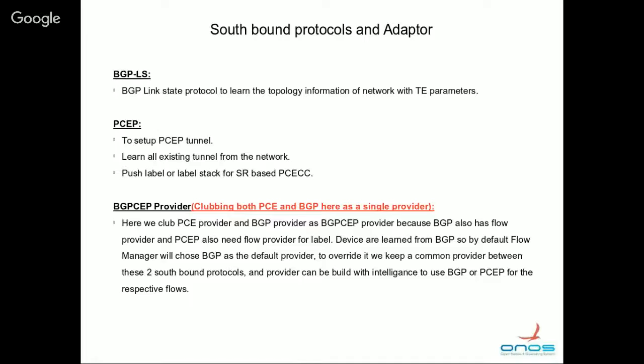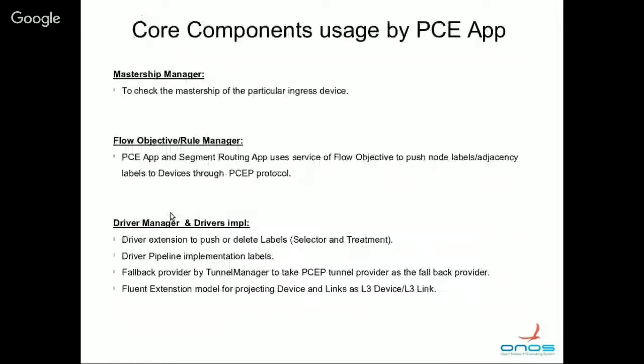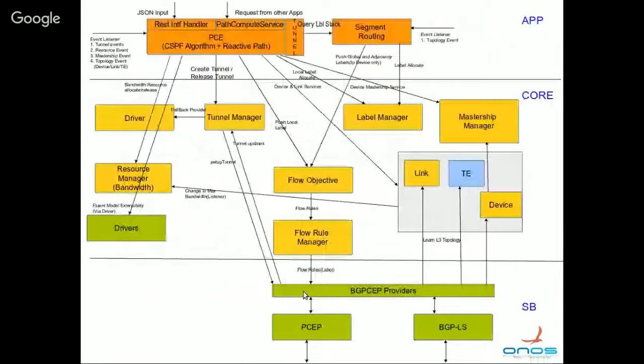Okay, and one of the things I want to discuss here is clubbing these two as a single provider. Currently, there are two separate providers. I want to club them as a single provider. The reason is that the devices are being learned by the BGP-LS scheme, so the scheme information about these devices and links will be BGP-LS.